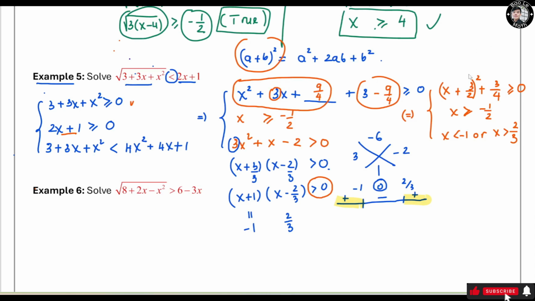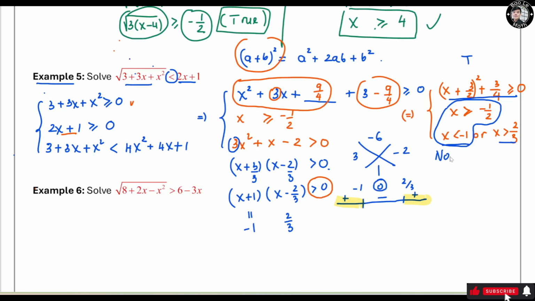Now we're going to check the first one right here is actually true, right? Because a square of a number plus 3 fourths is always greater than or equal to 0, right? Now second one, s greater than or equal to negative 1 half, and we need to combine with this guy and this guy, right? If you combine this guy and this guy right here, it's actually no solution, right?